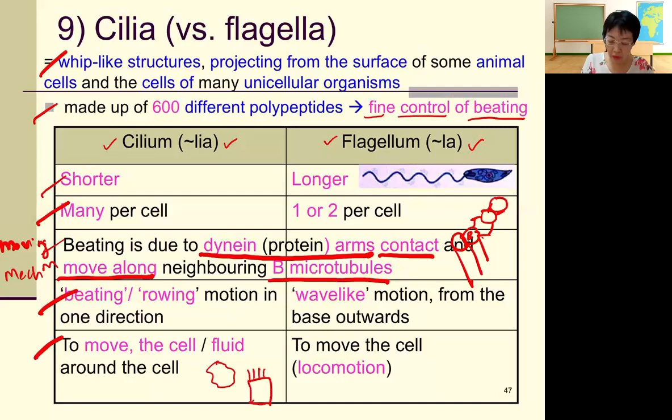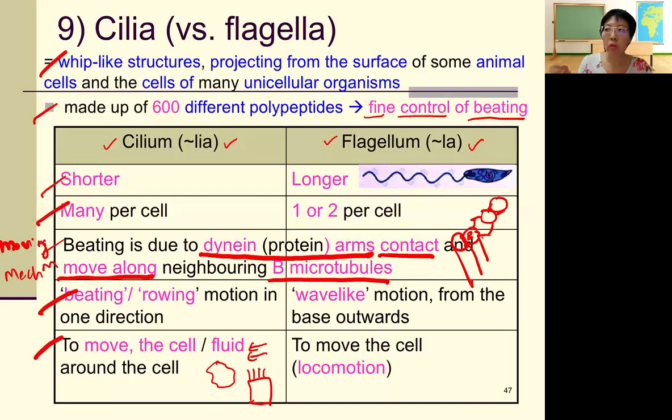The movement of cilia is to create a sweeping current for something inside the fluid to be moved. For example, dust particles, bacteria, viruses, all trapped in the mucus in your lungs. In the trachea, bronchus, bronchioles, you use the cilia to create the current to sweep the mucus so that bacteria, fungus, viruses will be swept out of your airways.